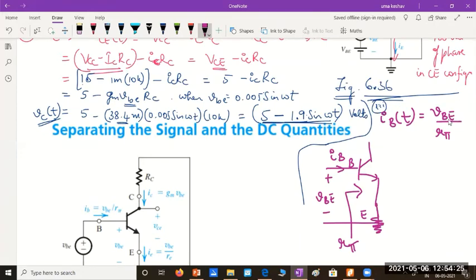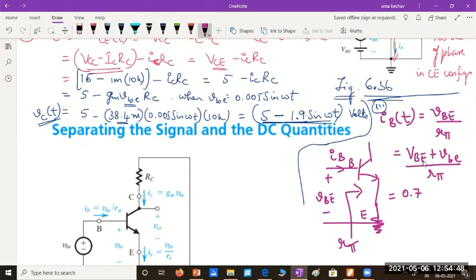Actually, this VBE is written as what? Capital VBE plus small VBE, divided by R pi. How much is capital VBE? Assuming a silicon transistor, 0.7 volts.